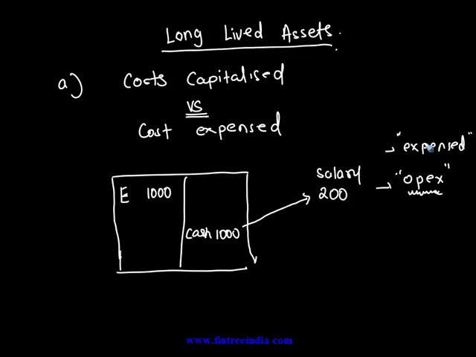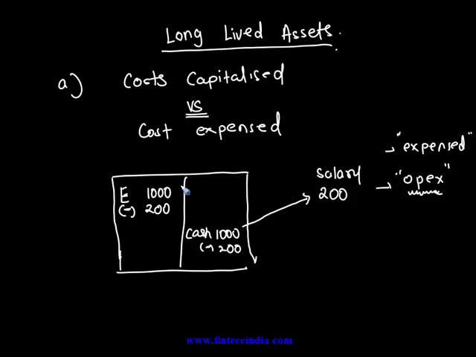So the treatment we make is minus 200 from the cash, and this 200 would be shown as an expenditure. Any item shown as expenditure eventually reduces profit, and therefore it reduces equity. So the ultimate impact on the balance sheet: the cash will reduce and indirectly equity will reduce.